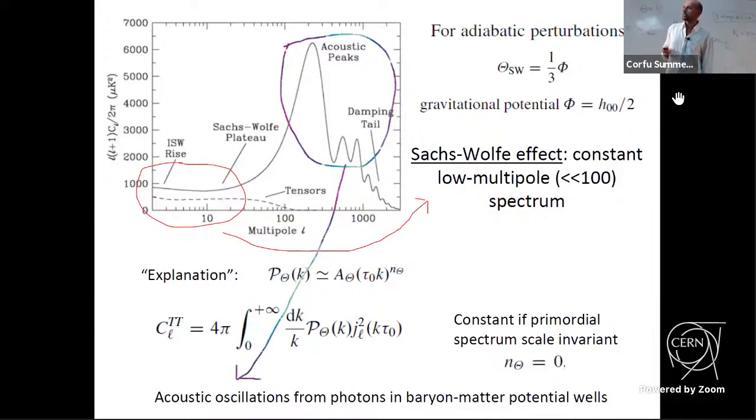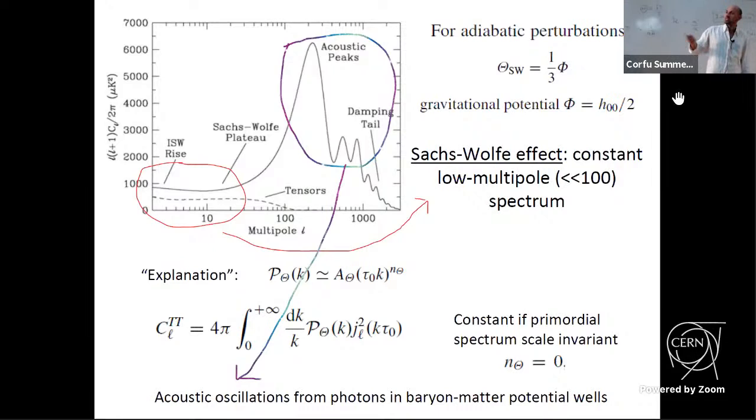Then the other characteristic feature, which you could appreciate in the plot, are these acoustic peaks. And I'll just tell in one line where they come from. They come from the fact that photons coming from the CMB have to go through potential wells given by the baryonic matter distribution. And the getting in and out of these potential wells can be described by harmonic oscillation.